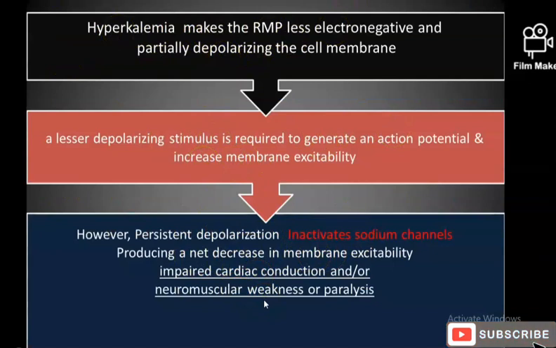But after some period of time, or after persistent depolarization, the sodium channels become inactive, and that can lead to decrease in the membrane excitability, and that can affect the conduction of cardiac muscles, and also affect the neuromuscular junction, and the hyperkalemia will manifest with the signs and symptoms of cardiac and skeletal muscle abnormality, and the patient will develop cardiac abnormality and also neuromuscular weakness and paralysis.